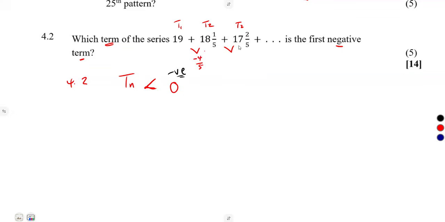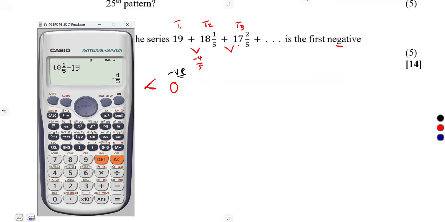Then T3 minus T2. That's 17 and 2 over 5 minus 18 and 1 over 5. The calculator is not giving me that fraction, so I have to start again.